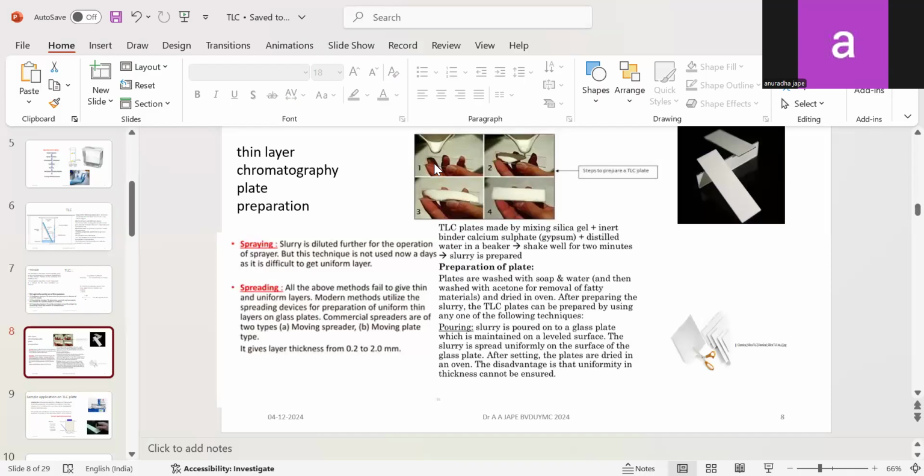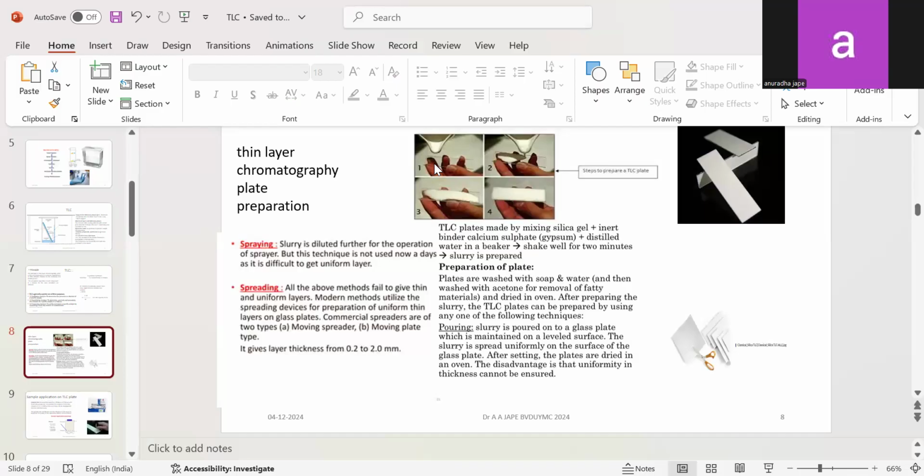So when it is about preparation of a layer of the stationary phase slurry onto the slide, we can just bring it at one end and uniformly distribute it to the other end just by changing the angle of the slide, so that the particular thin layer is formed on it.